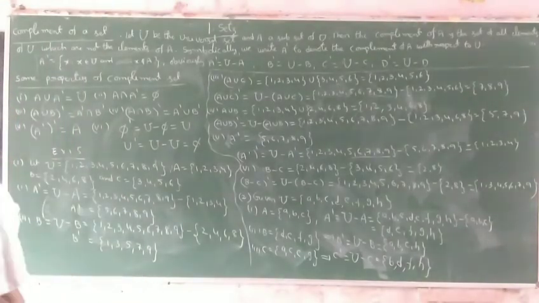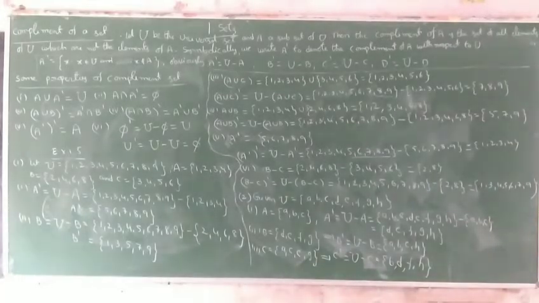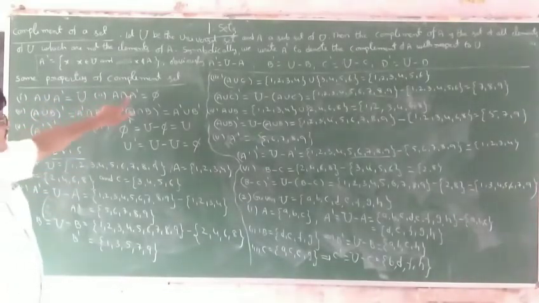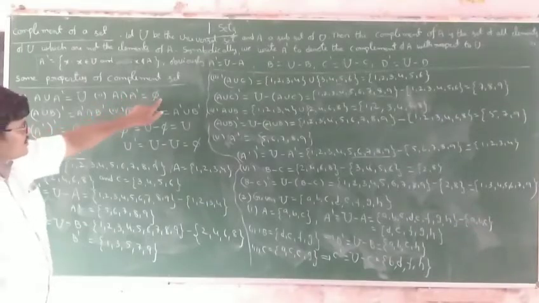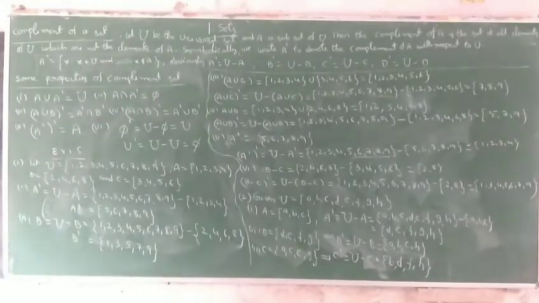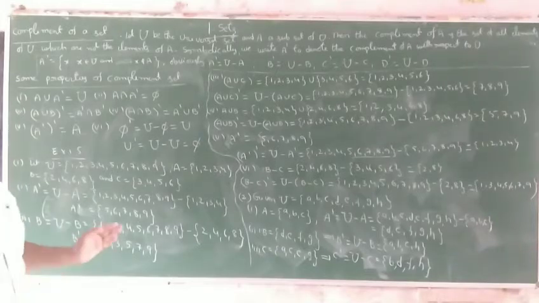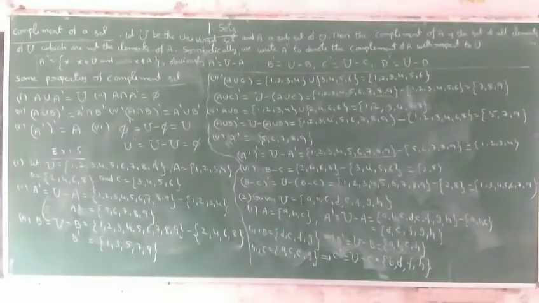Some properties of the complement of a set. A union A complement is the universal set. A intersection A complement is the empty set, because A and its complement do not match. Next, the distributive laws, De Morgan's laws.